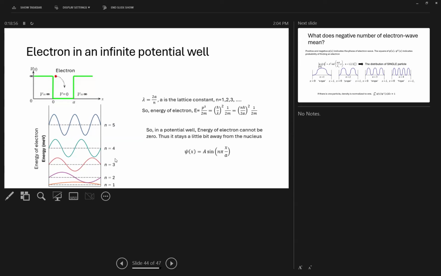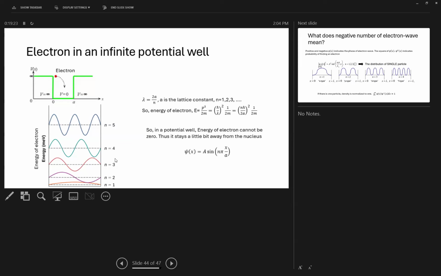The largest wavelength is lambda equal to twice A. So if lambda has a limit, we know that lambda also relates to the energy. You remember this? I erased it, but here is again the equation between lambda and the energy.